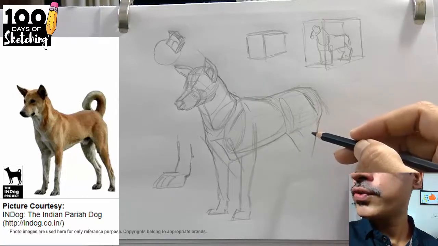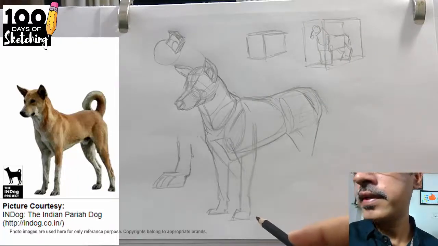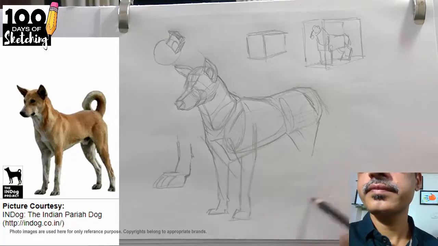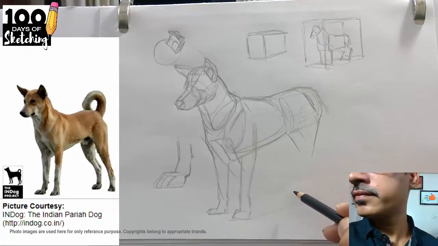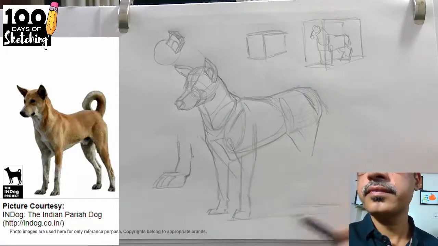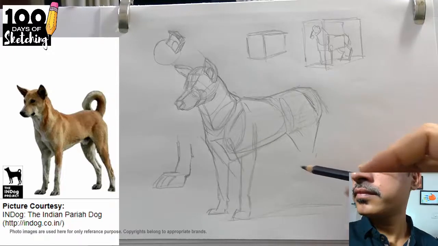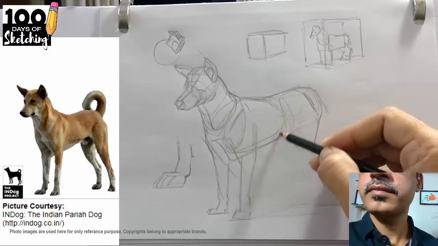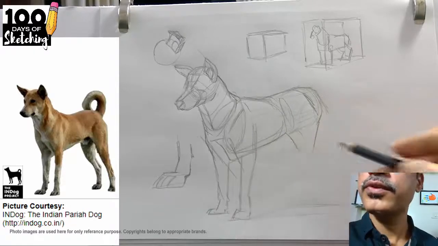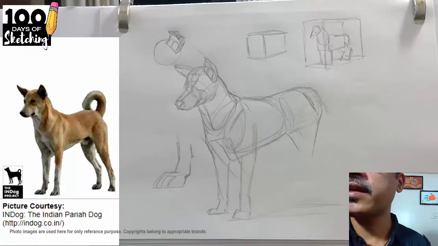This is also very important, the leg structure. It's very tricky actually in specific muscle areas.